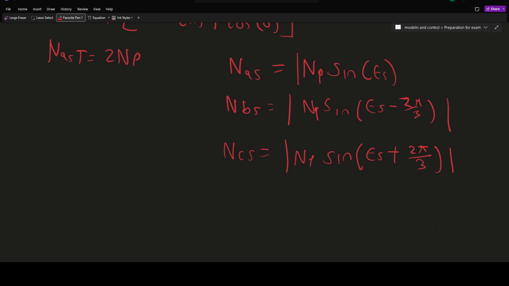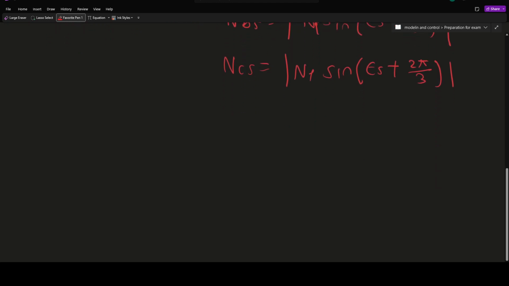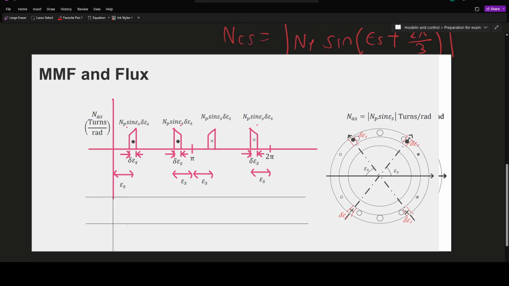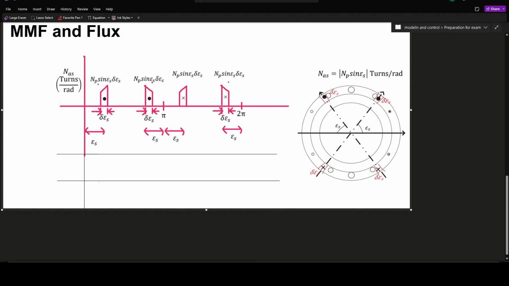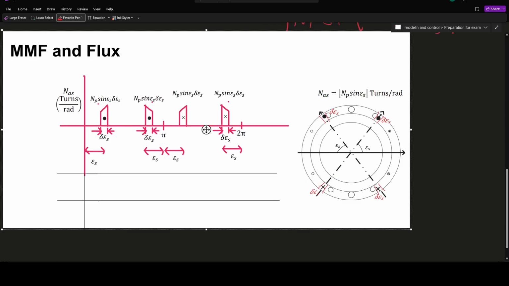Let's start looking at how we can get the distribution. Let's imagine that we only care about these points. We don't care about the whole distribution, only the distribution at these points.